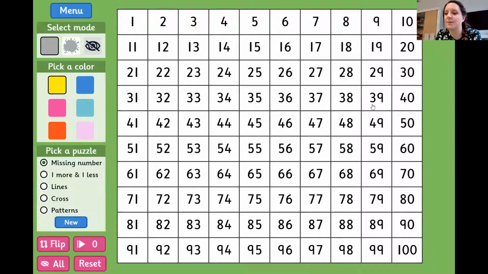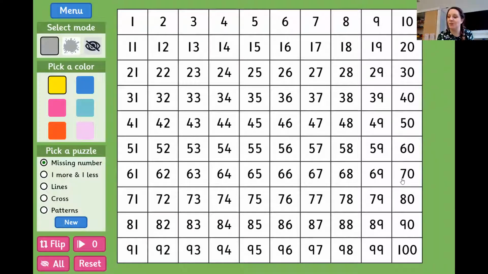Our 3 tens will make 30 until we get to here when it changes to 4 tens, which is our 40 numbers. Here are our 40 numbers until we get here when it changes to 5 tens, which will be our 50 numbers. Then it changes to 6 tens. So all of these numbers are our 60 numbers.